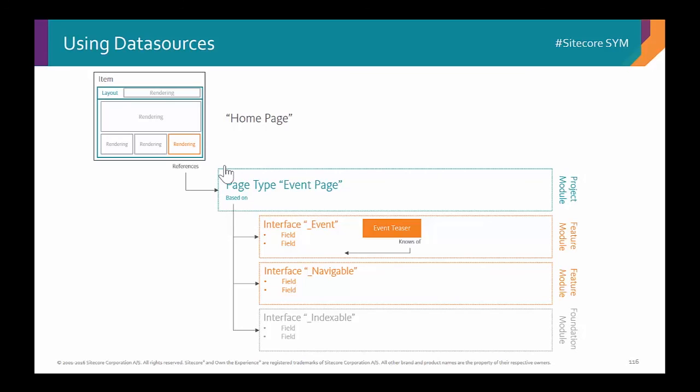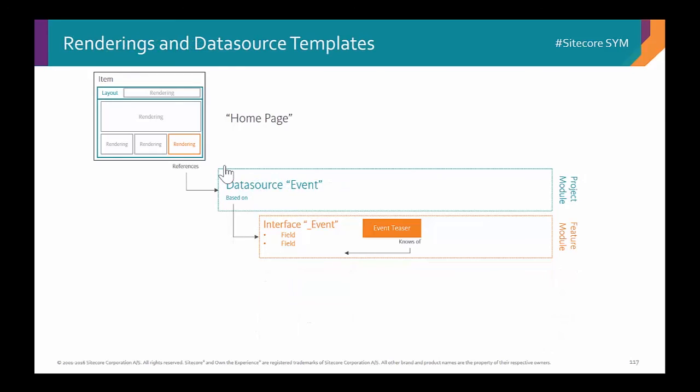So now the event teaser knows of the underscore event. So this was what I was talking about before about the data source templates. So the event teaser doesn't care whether this is a page type or something else. We could just change this to be a data source template called event. So in this case, those kind of things are completely interchangeable.